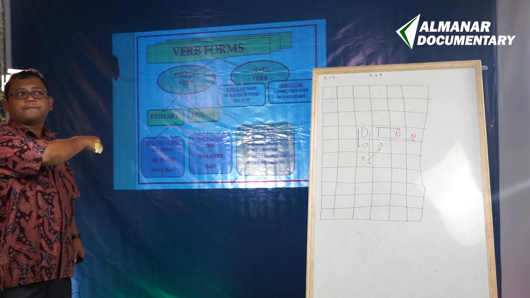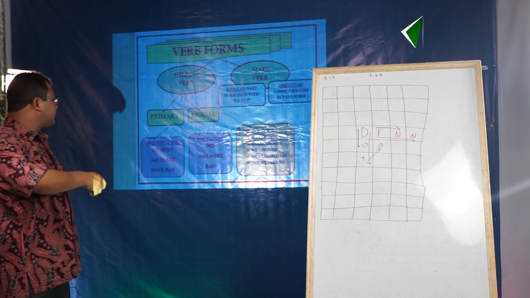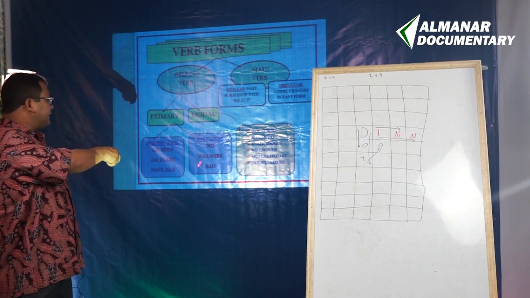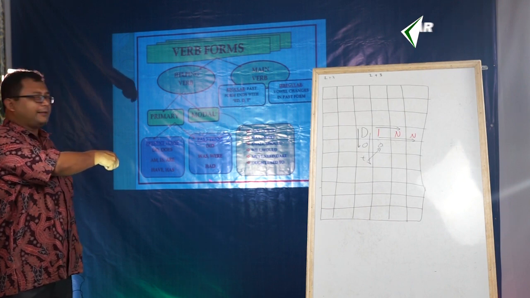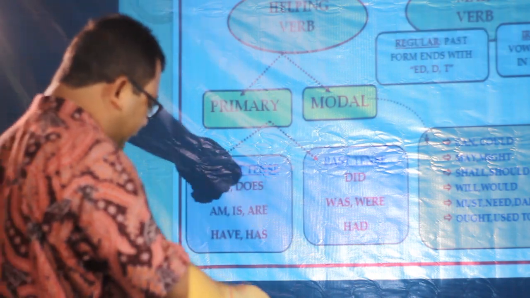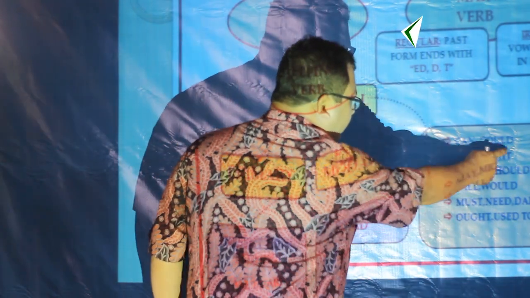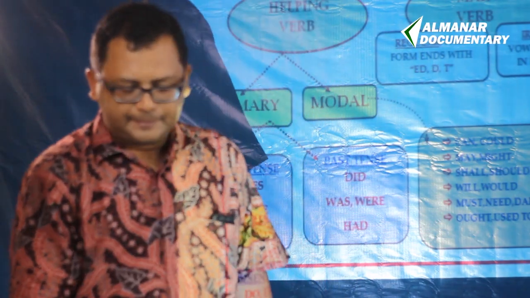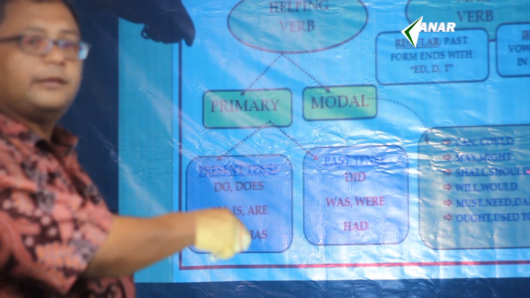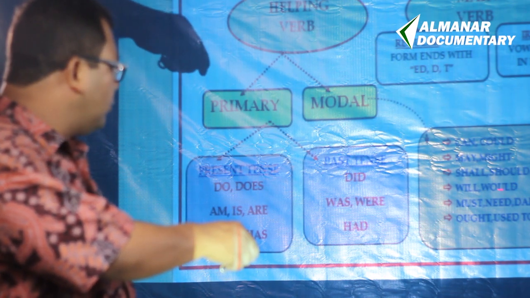It must be, we have subject-verb agreement in English. And we also have past, of course. Past: did, was, were, had, right? And here we are. Can you see this part clearly? Can, could, might, may, shall, should, will, would.